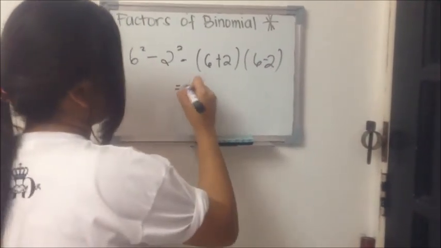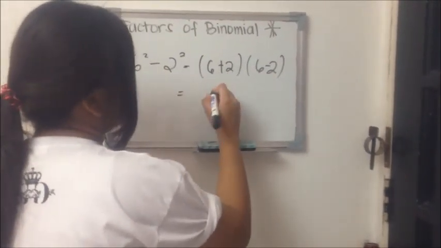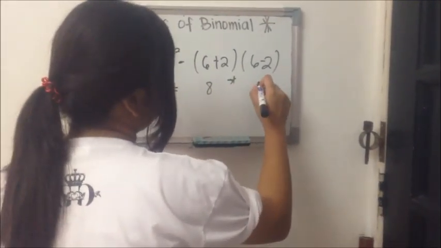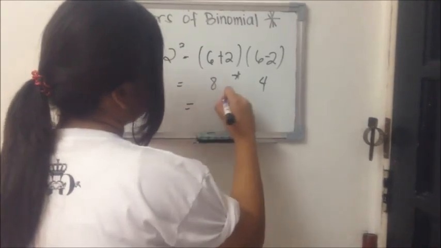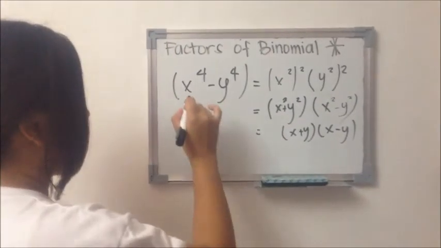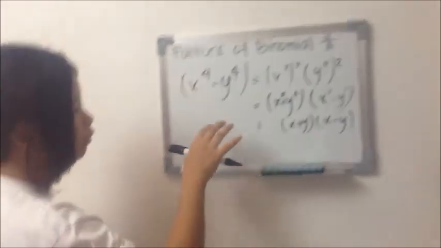This will become 6 plus 2 equals 8 times 6 minus 2 equals 4. The answer is 32.